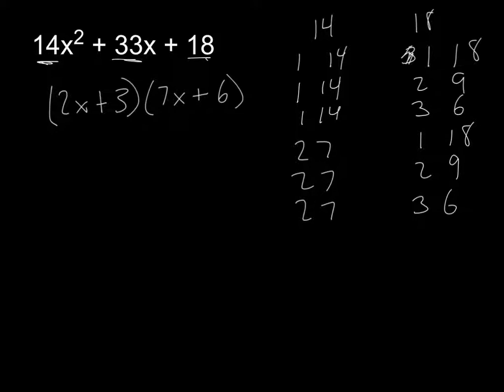And when you do the first, 2x times 7x gives you 14x squared. Outer gives you 12x. Inner gives you 21x, which we already calculated would add up to give me the 33x. And the last, 3 times 6 gives me the 18.